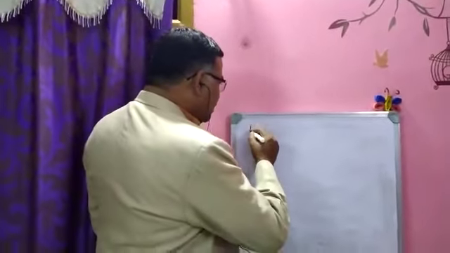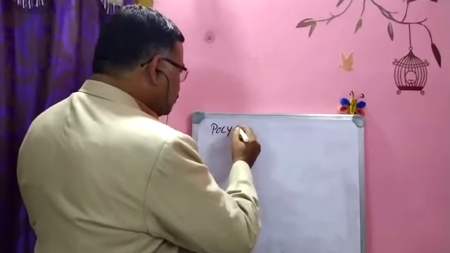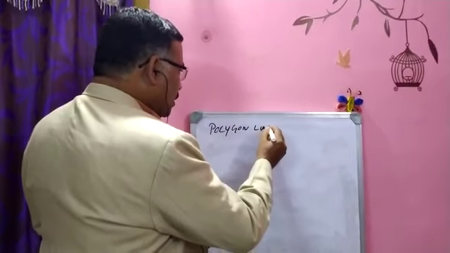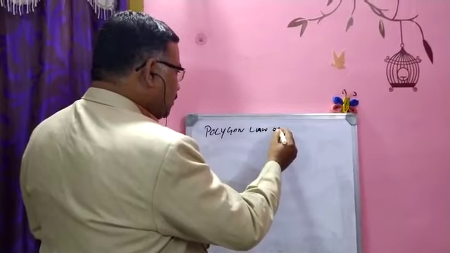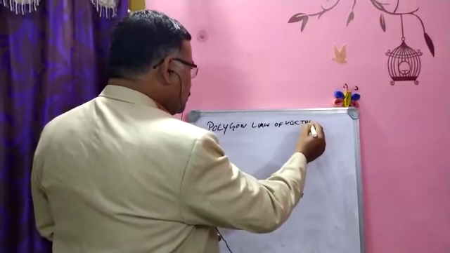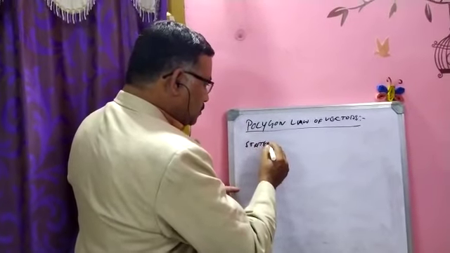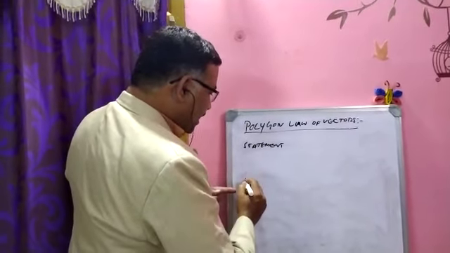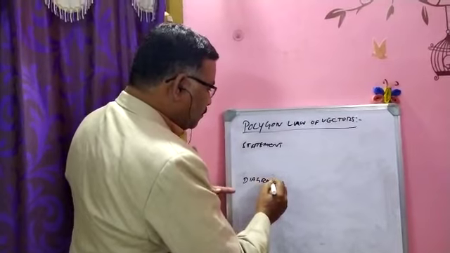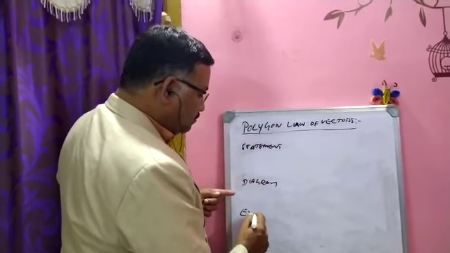Polygon law of vectors. The first part is the statement, the next one is the diagram, and the next one is the explanation part.